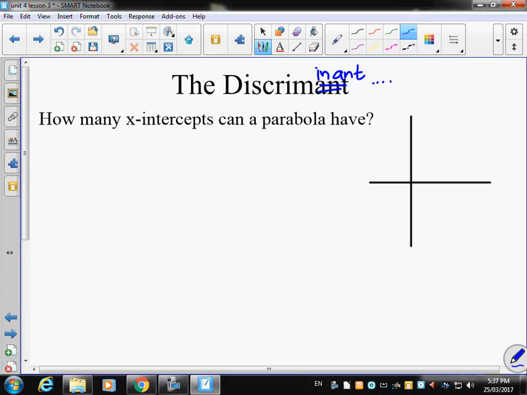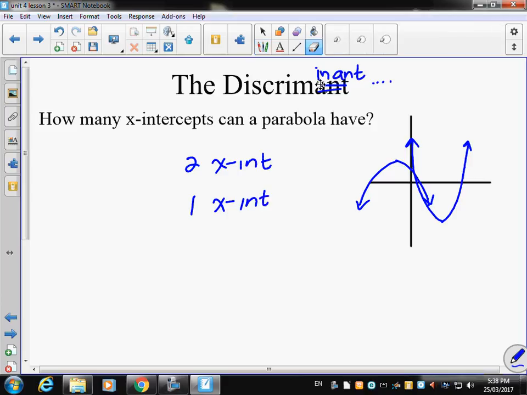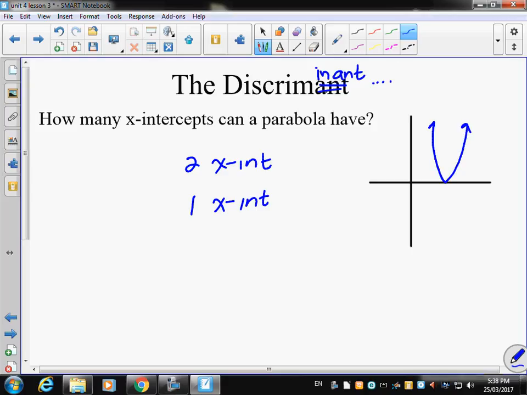Well, we know that you could have 2 x-intercepts if your parabola opens upwards and has a vertex below the x-axis, or if your parabola opens downwards and is above the x-axis. You can have 1 x-intercept if your parabola lies on the x-axis, either upwards or downwards.